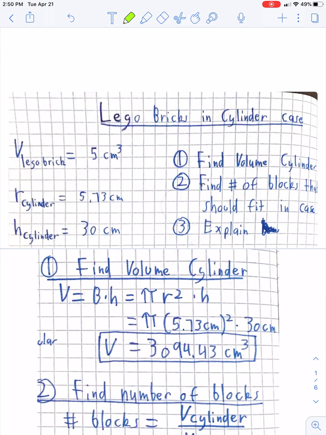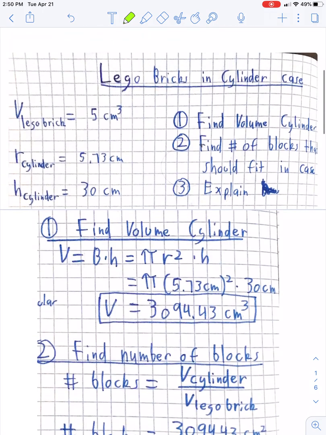All right, so to do that, and we'll definitely see this a lot, you'll take the volume of the cylinder, or whatever thing you're trying to fit the objects into, and then divide that by the volume of the Lego brick, or whatever it is you're trying to fit into that object.